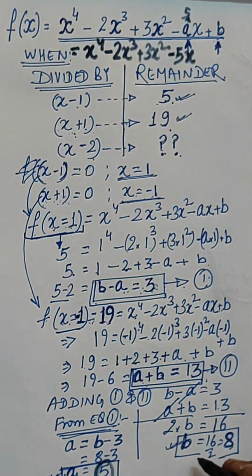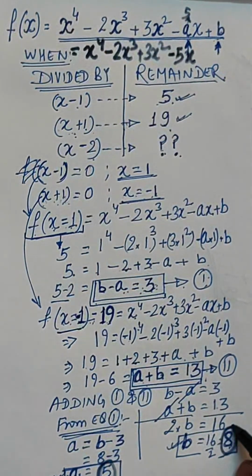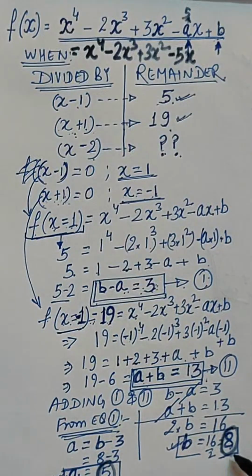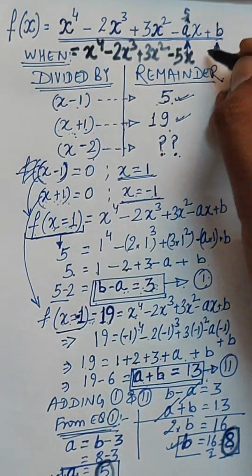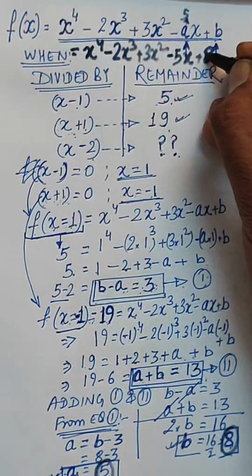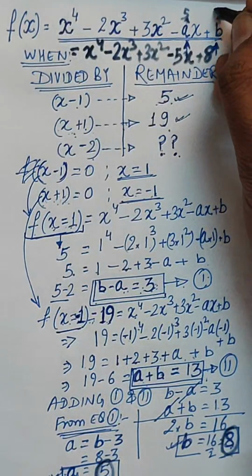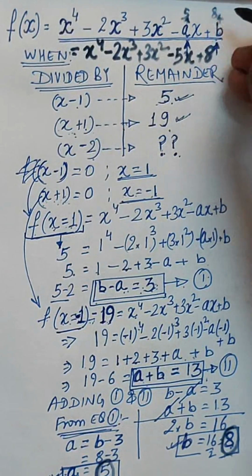So it's okay. Now we are left with b, and the value of b is 8, you can see here. So just put the value of b as 8, because the value of b is calculated as equal to 8.